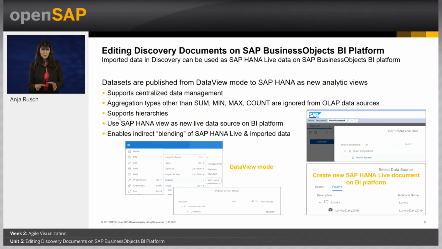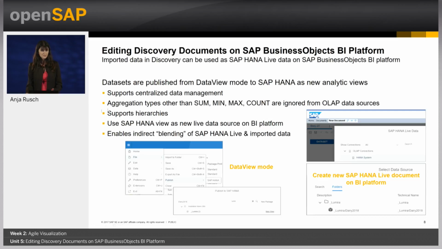This would support you in having kind of centralized management. By this you can say, well, I might work on my platform just with HANA Live data, so that I don't require a client for everybody. They just work with this HANA Live data, but anything that I import, any Excel sheet, any BW imported data maybe, I can save as an analytic view inside my HANA.